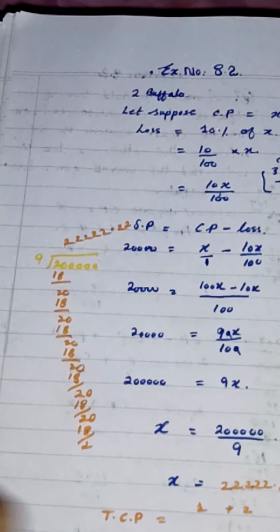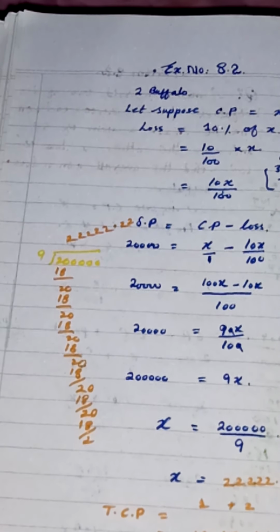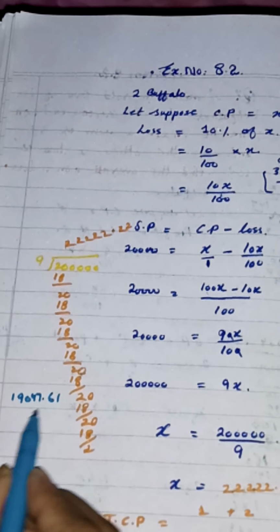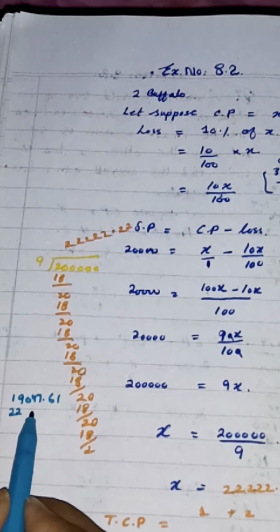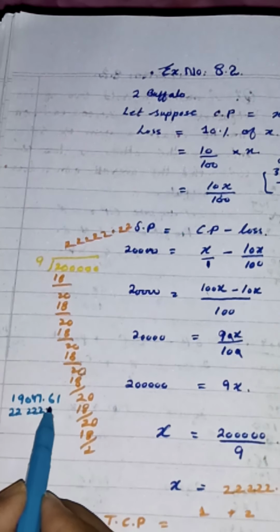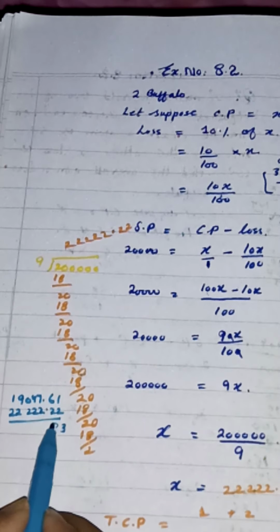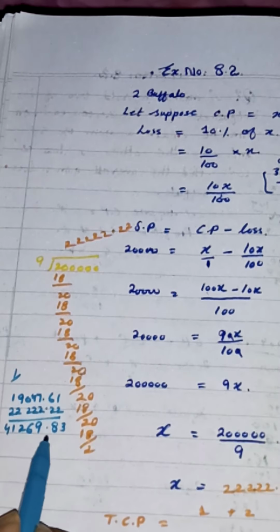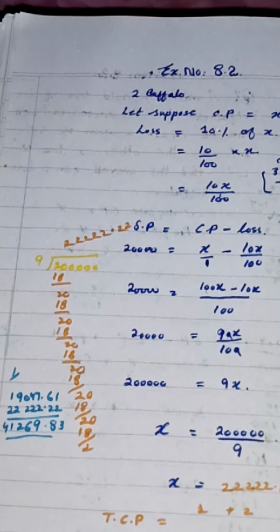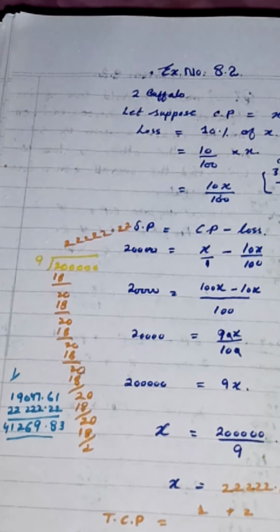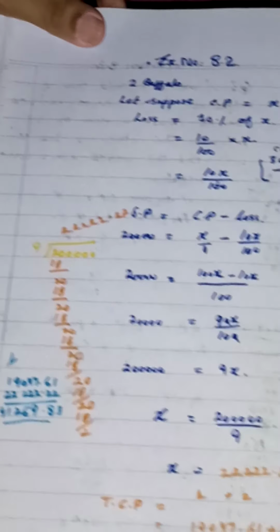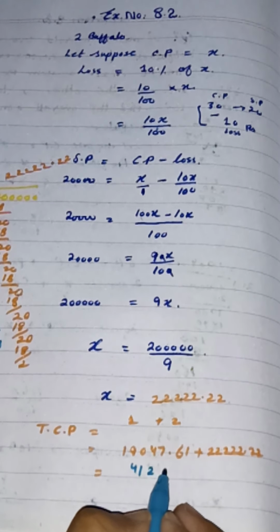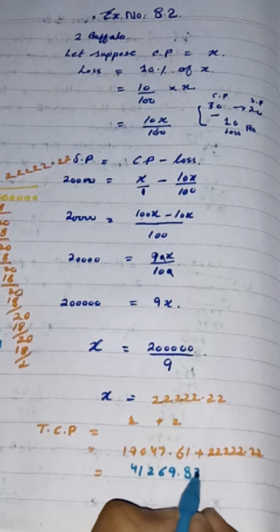Now add these. The total is 41,269 rupees point 83. This is the total cost price.